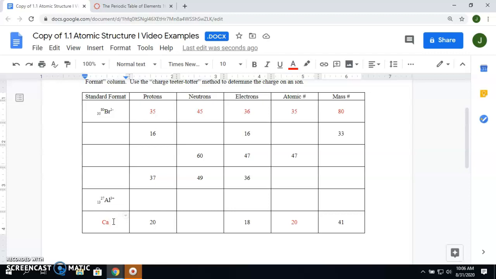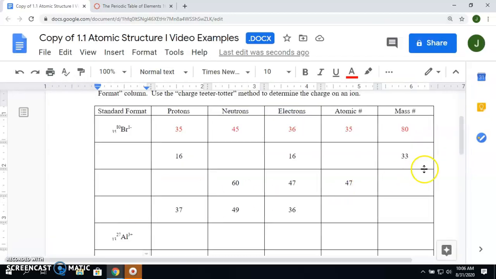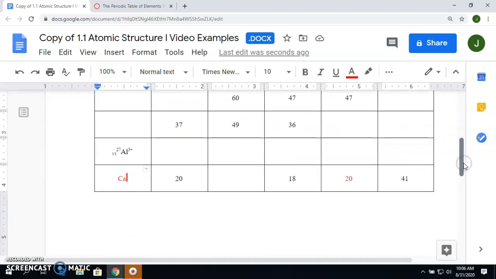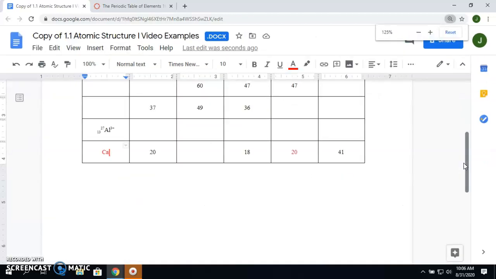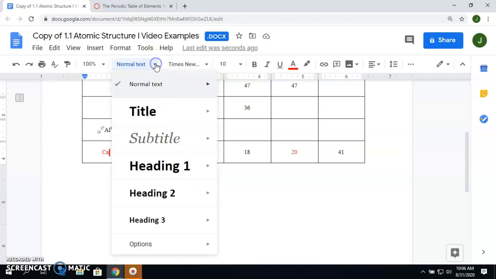Now, I'm going to put a superscript in here. For superscript, the shortcut is Control-Shift-plus on a PC, if it let me do that. Let me see. Control-Shift-plus. Nope, it doesn't like that. Okay, so I'm going to have to do that a different way. I'm going to go up to normal text, and I think that we can do superscript on here.